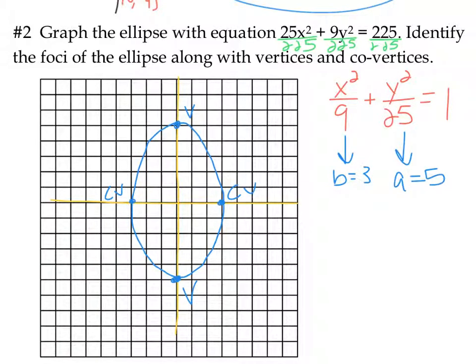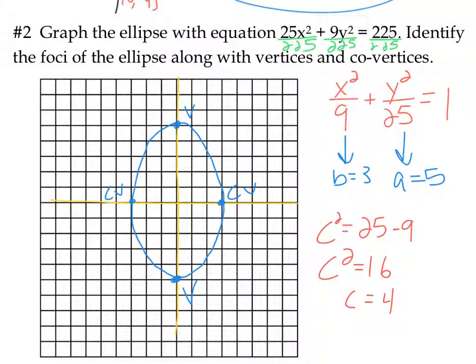If you notice back up in the directions, we want to identify the foci. There's a focus on both sides of the major axis, so we're going to have a focus somewhere over here and a focus somewhere over here. To find those, we're going to have to use c squared equals a squared minus b squared. So c squared equals 16, which means c equals 4.